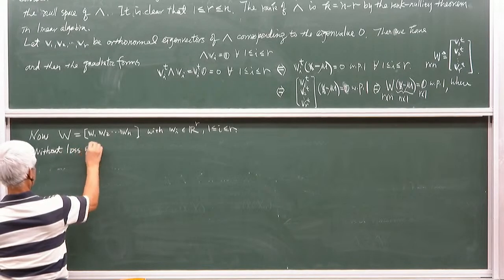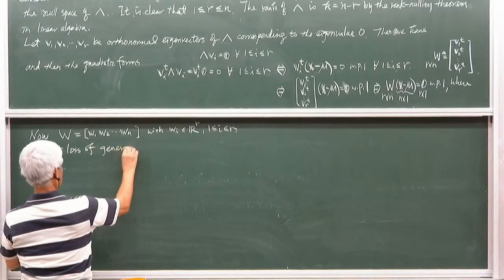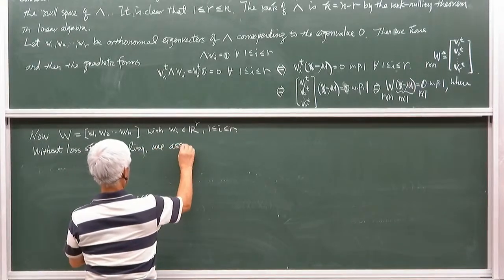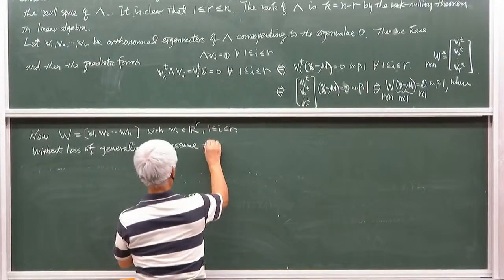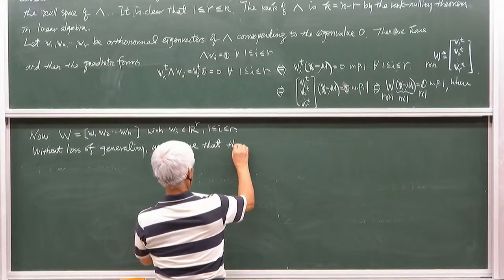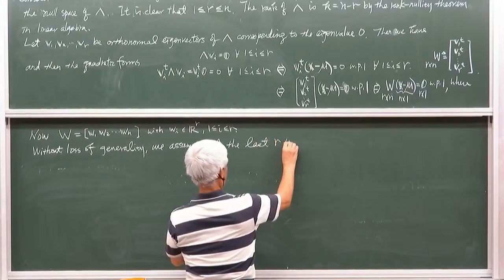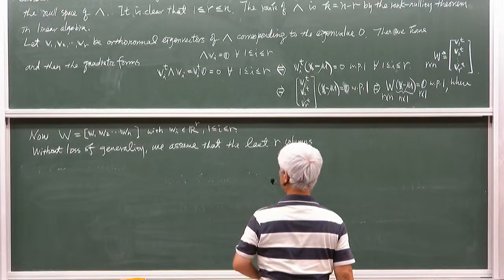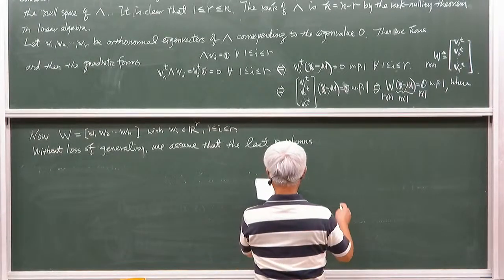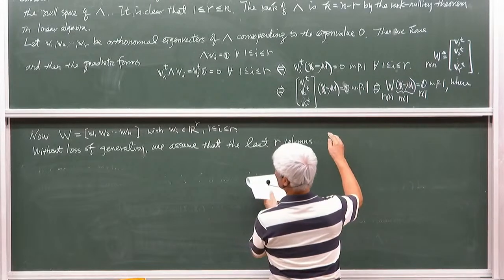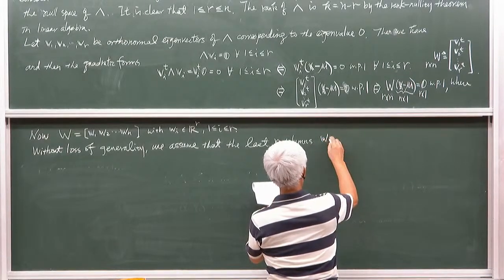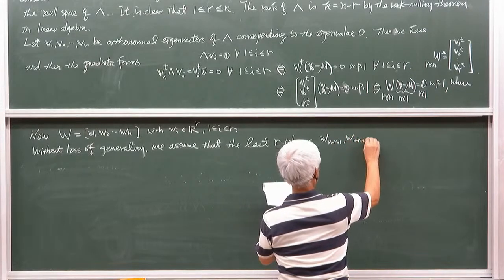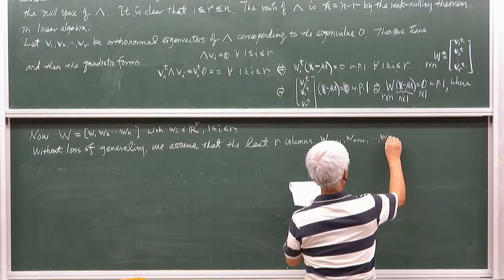We assume that the last R columns are, that's n minus R plus 1, n minus R plus 2, up to n.